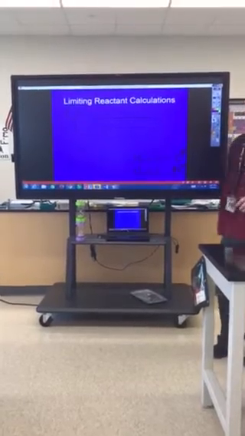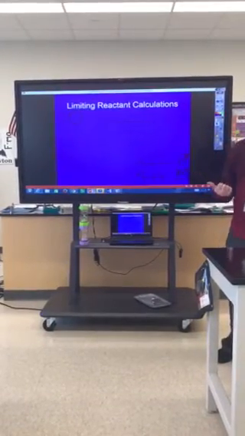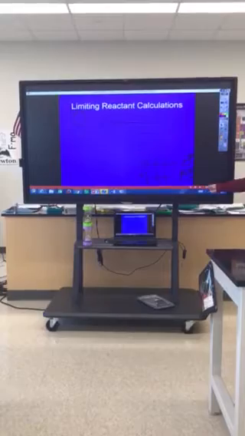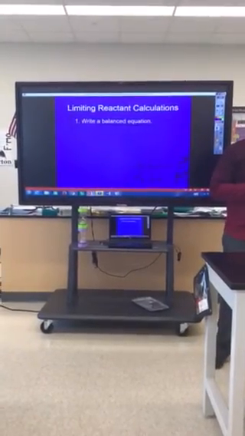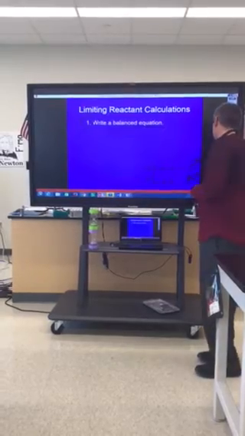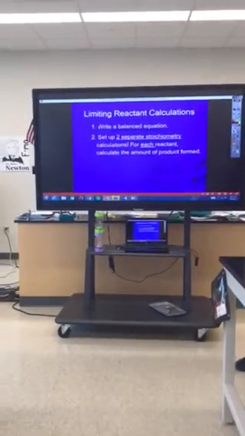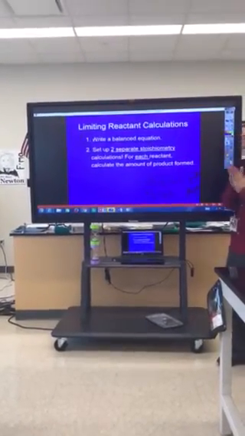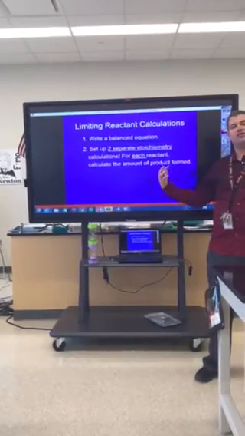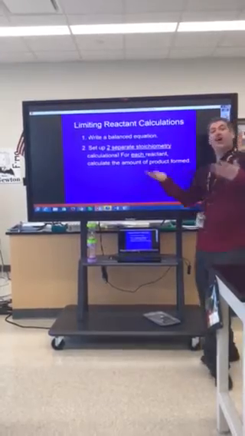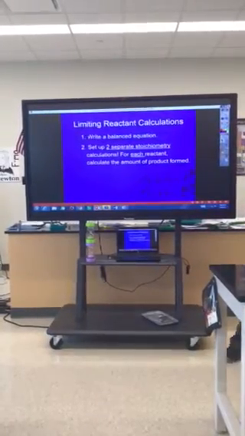Limiting reagent calculations. How in the world do we calculate all of this? We write a balanced chemical equation, step 1. Step 2, set up 2 separate stoichiometry calculations. You know what we've been doing in class all week? Stoichiometry. So you guys should be good.